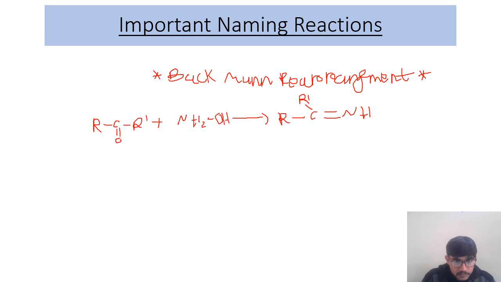Now this ketoxime undergoes a rearrangement reaction. Here it is OH, not H. So it's a ketoxime. Now this ketoxime group will undergo rearrangement in the presence of acid.